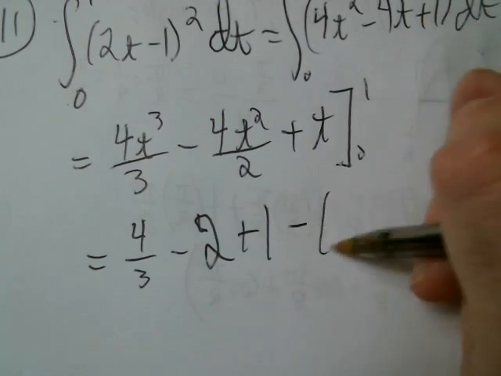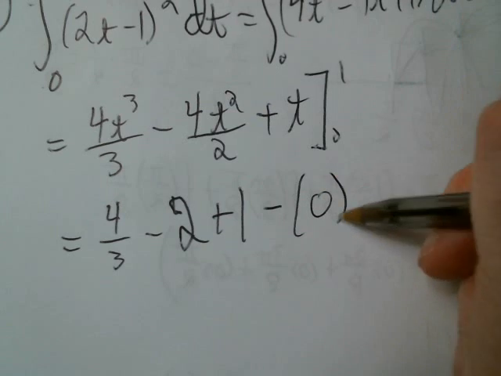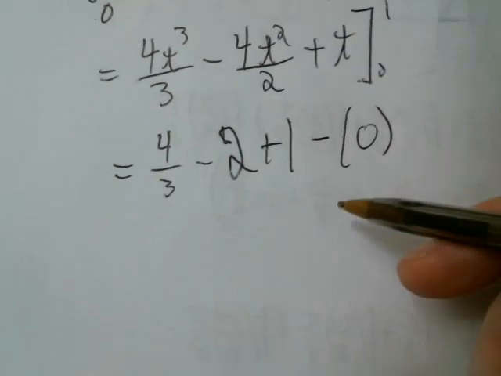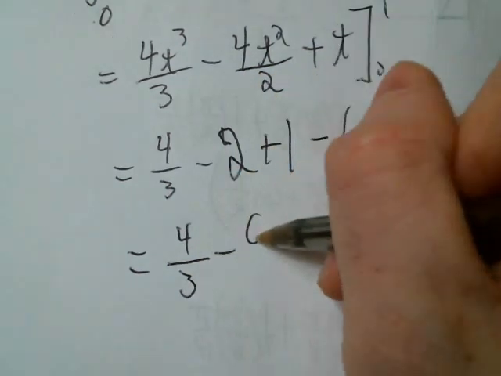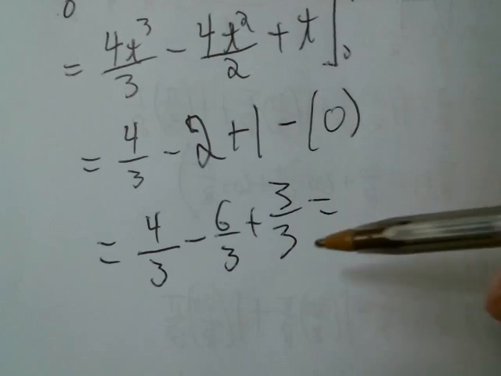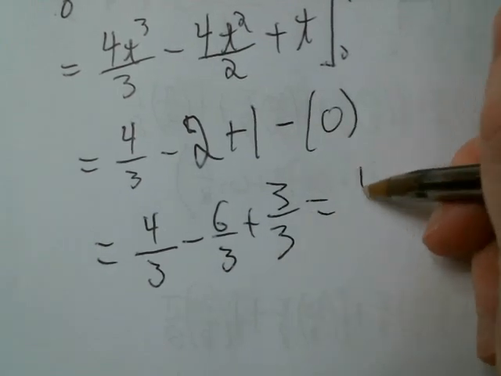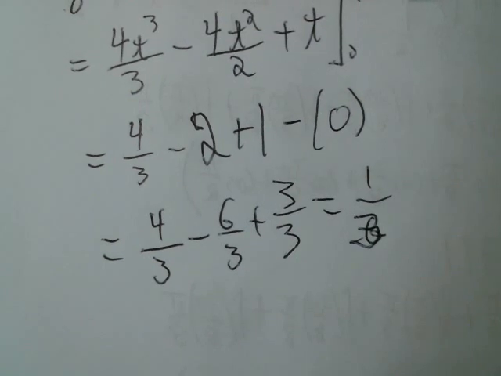And then minus, if you plug in 0, this will be 0 minus 0 plus 0, which is just 0. Okay, so we just have to add these up. Find a common denominator of 3. So 4/3 minus 6/3 plus 3/3. And then we get 7/3 minus 6/3 is 1/3. Okay, and that should be our answer. Let me look.